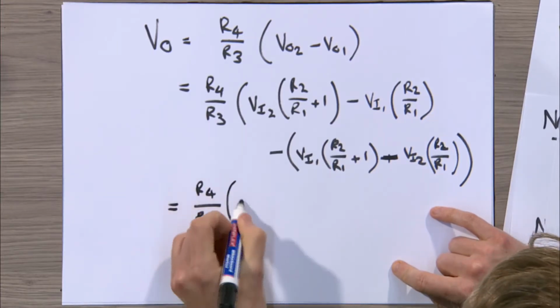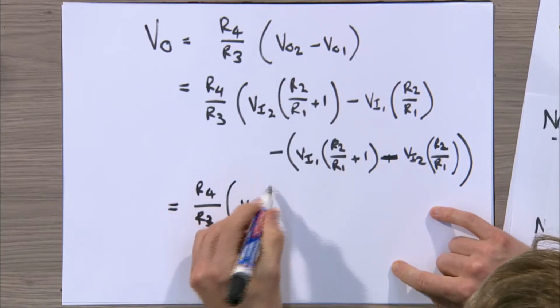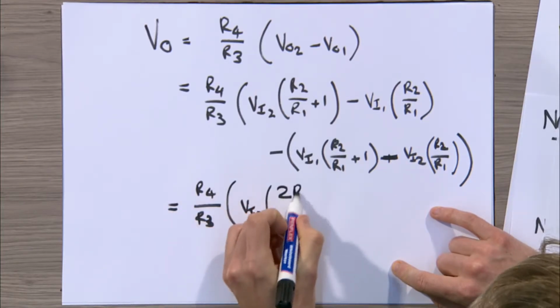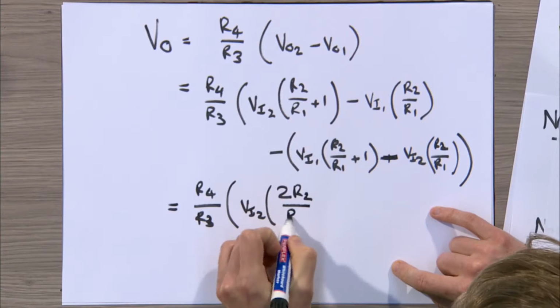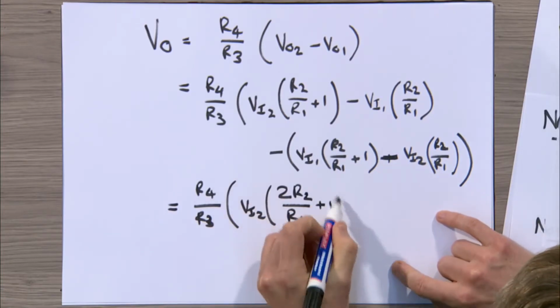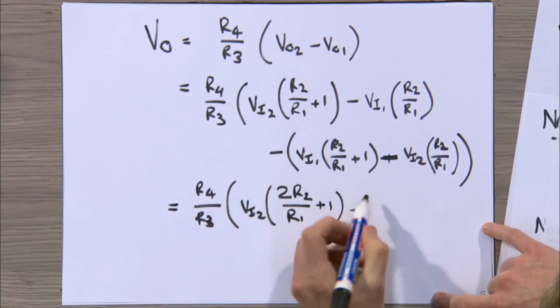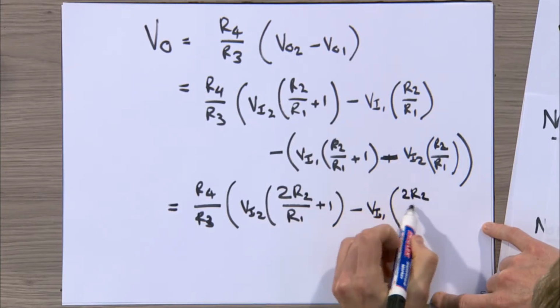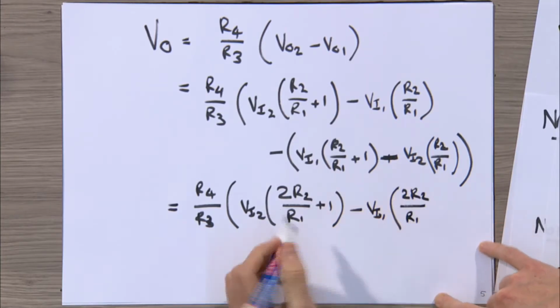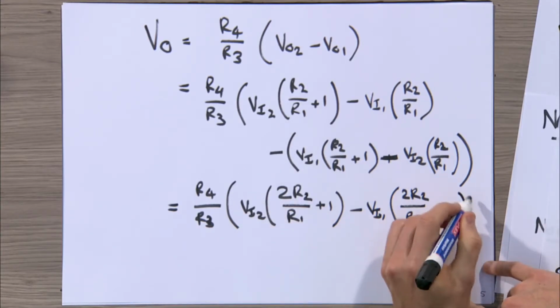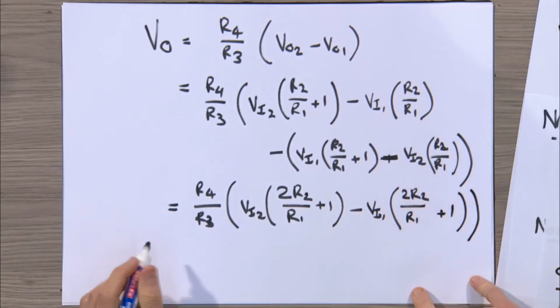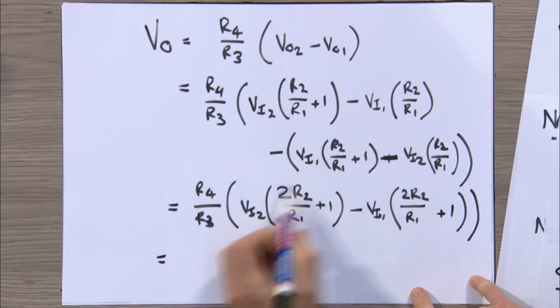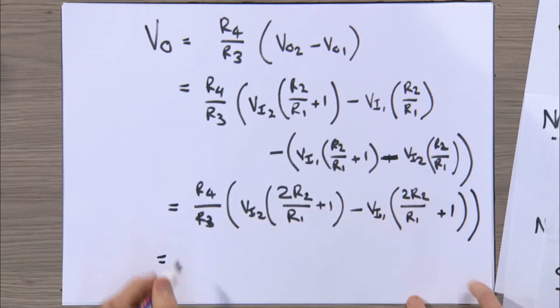So that gives us R4 divided by R3, Vi2 times (2 times R2 divided by R1 plus 1) minus Vi1 times (2 times R2 divided by R1 plus 1). Now you can see this factor here is common to both of those.